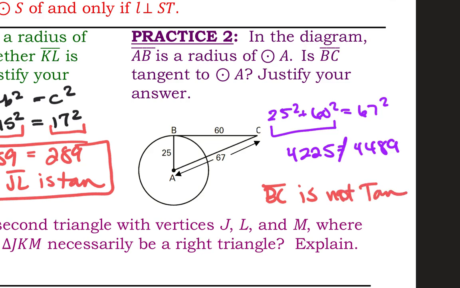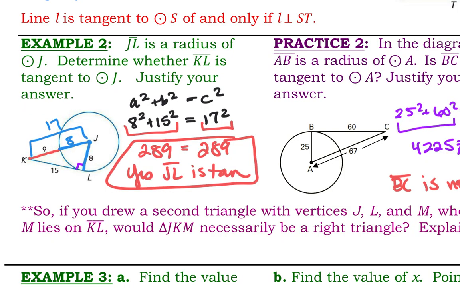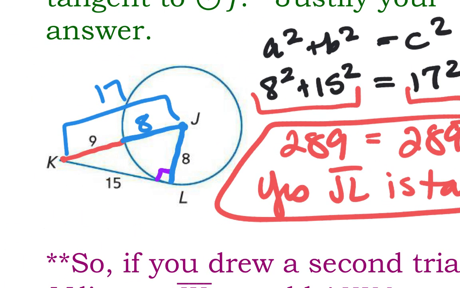All right, so the next question down here is coming back to example 2. It's asking, if we drew a second triangle with vertices J, L, and M, where M is on K to L, would JLM necessarily be a right triangle? So it's saying if I drew an M anywhere on K to L, say I draw it there, and I make a triangle here, would that necessarily be tangent then?